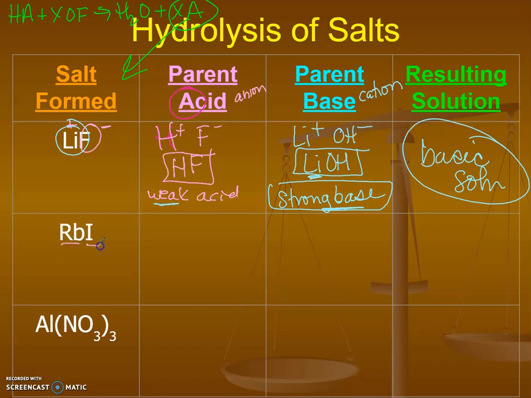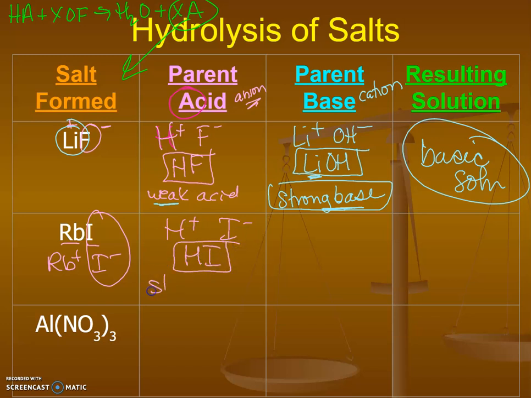We have RbI. Rb is a 1 plus, I is a 1 minus. So the anion, I minus, goes here, and then I have H plus, I minus. This is hydroiodic acid. Hey, that's one of my strong acids I needed to know. Yay. And then what do I have on the basic side?